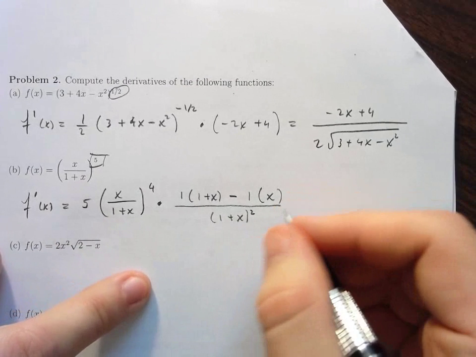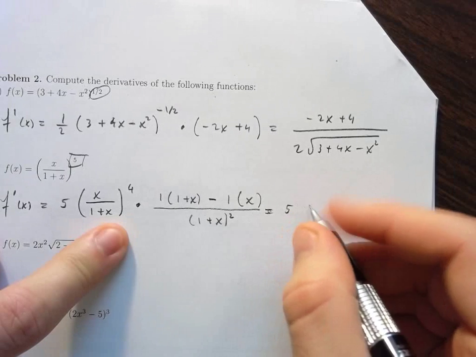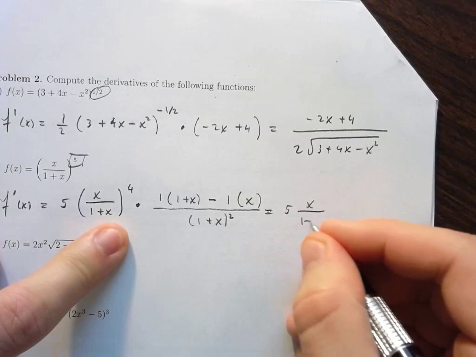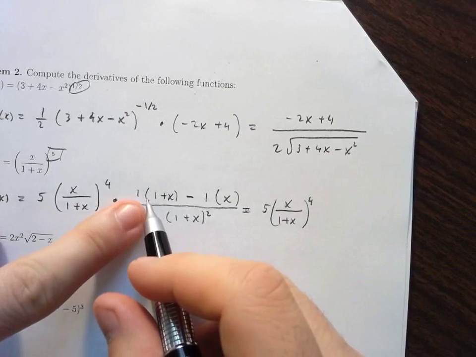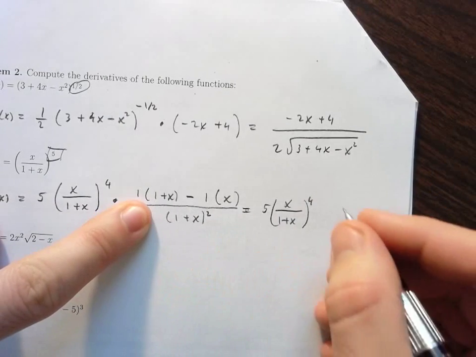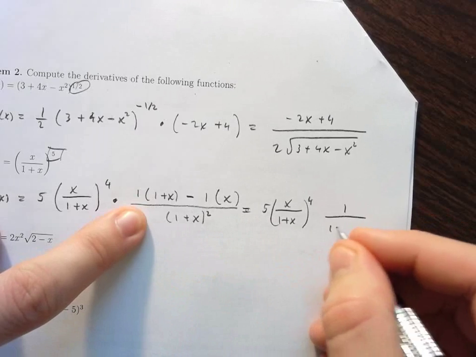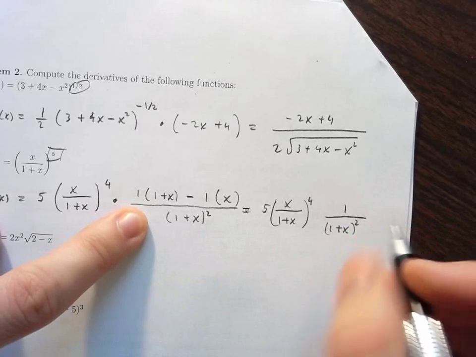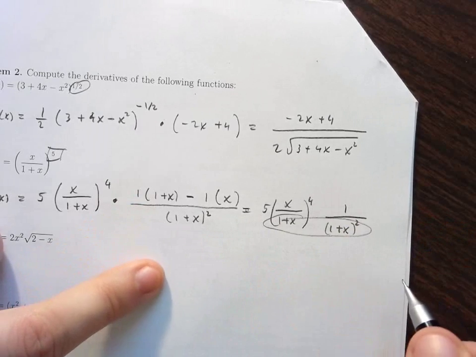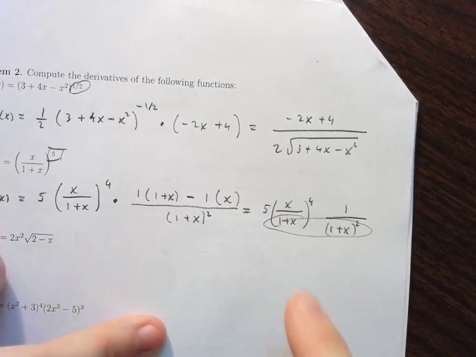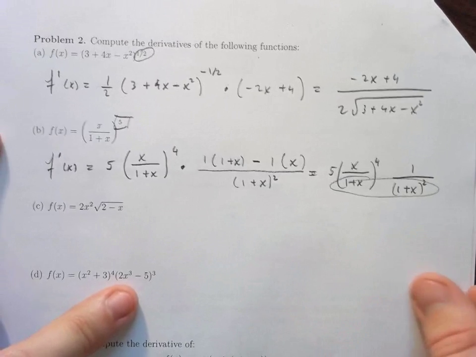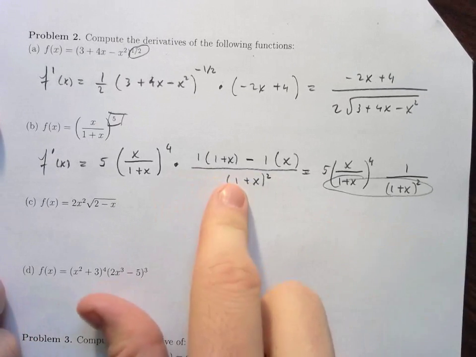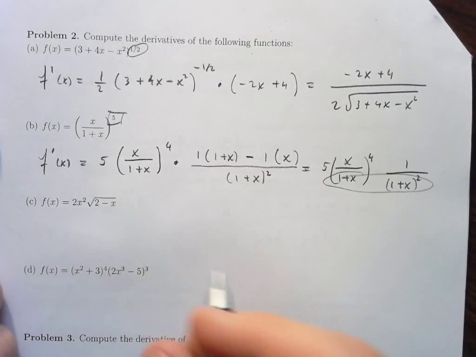And so this is 5 times x over 1 plus x to the 4th. Here I have 1 plus x minus x, so I just have 1 over 1 plus x squared. And I could go a little bit further and combine these to get a 1 plus x to the 6, but it's not really necessary. The whole point of this problem is to make sure we can apply the chain rule correctly, as well as the quotient rule. Okay, how about the next one?